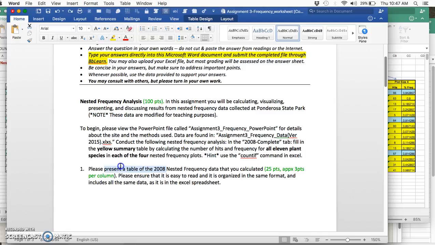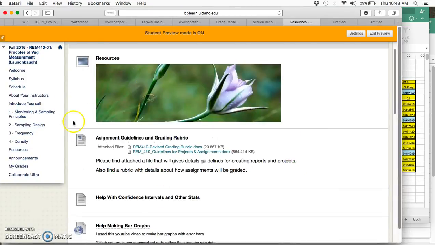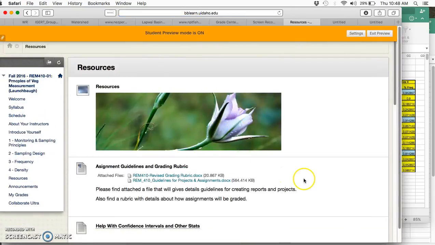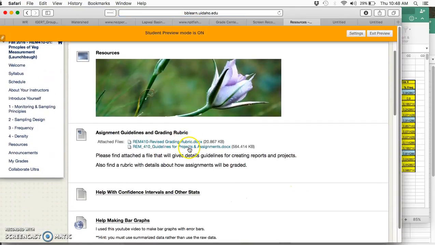And anytime you're asked to present a table or a figure, you should go to our webpage, and under the Resources tab, we have a grading rubric and guidelines for projects and assignments.